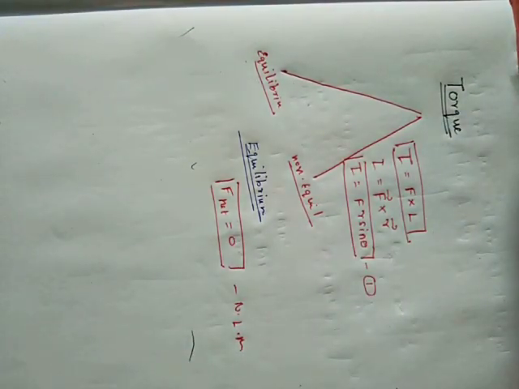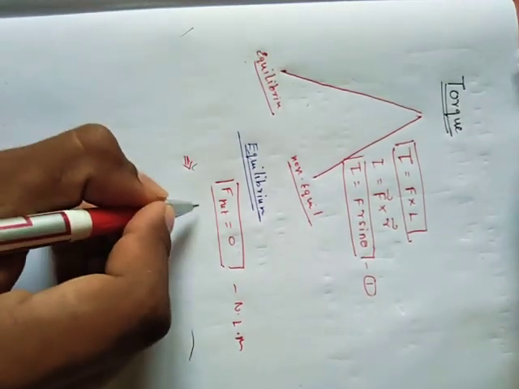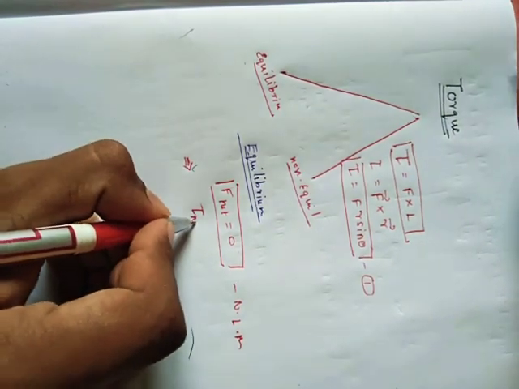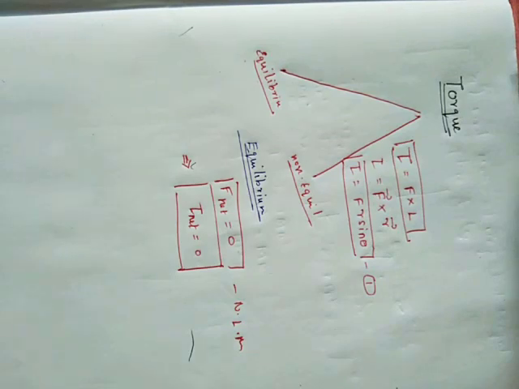Whenever an object is in equilibrium, the net force is zero. But under rotational dynamics we have one more point: the net torque must also be zero. Both conditions are essential to say whether an object or system is in equilibrium in rotational dynamics.